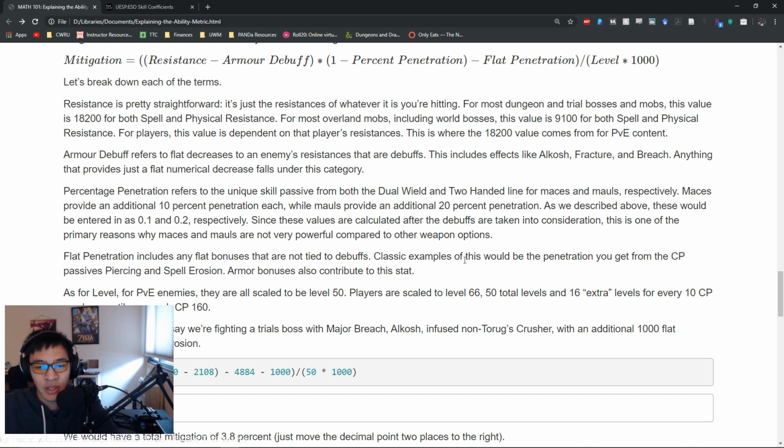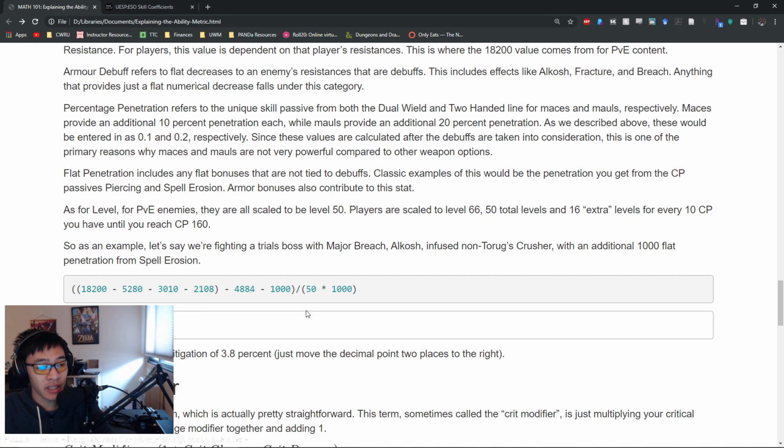Flat penetration refers to any bonuses that are not tied to debuffs. So this would be penetration you would get from piercing or spell erosion, or the light armor passive, for example. And then finally, level times 1,000. For level, all PvE enemies are assumed to be level 50. Players are level 66. That's because we have 16 extra levels that are given to us by our CPs.